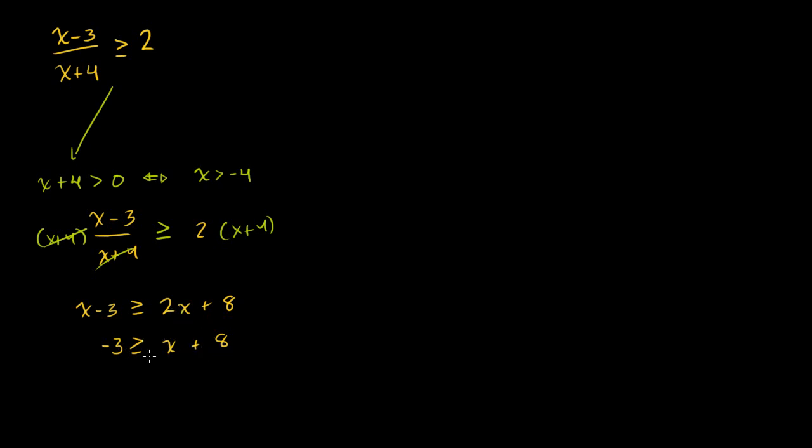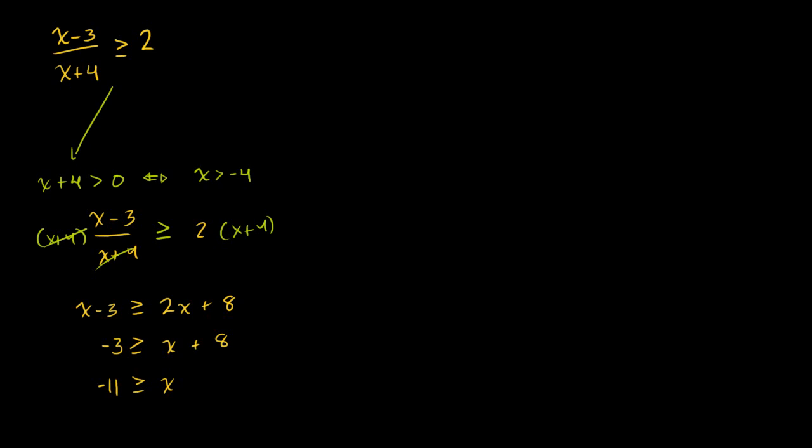You get -3 - 8, which is -11, is greater than or equal to x. So if we assume that x is greater than -4, then x has to be less than or equal to -11.